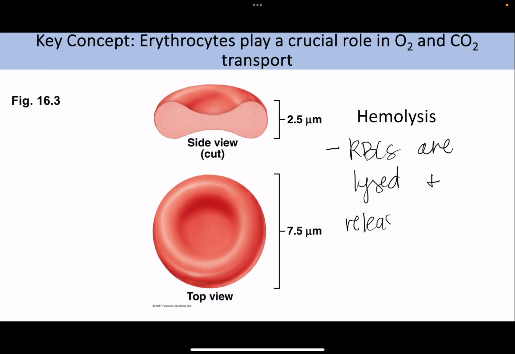And when that happens, it releases hemoglobin into the blood. So you can tell if someone's having a hemolytic event where their red blood cells are lysing by testing their blood for levels of hemoglobin. Because really, hemoglobin shouldn't be free floating in your blood. It should be within the red blood cells.